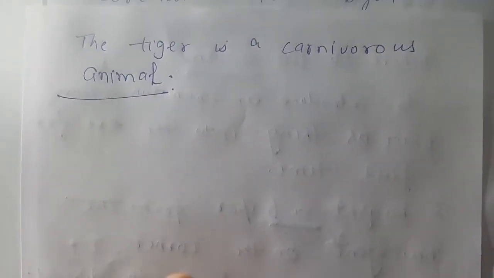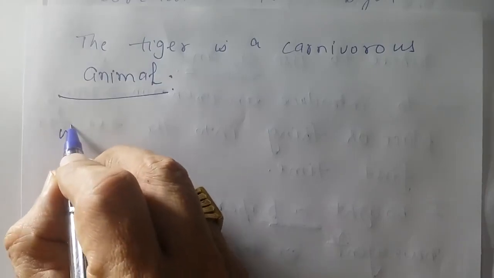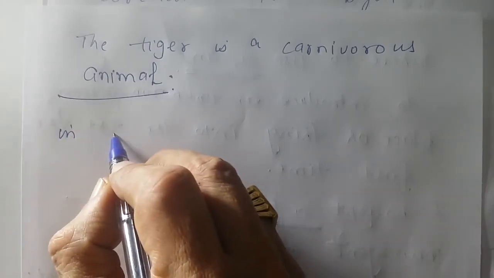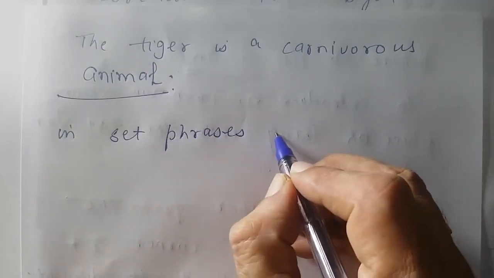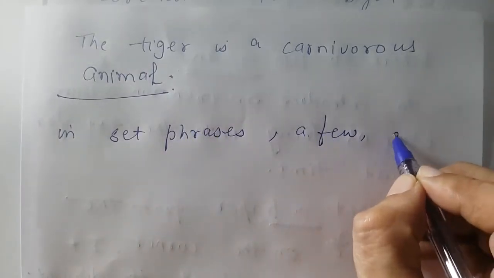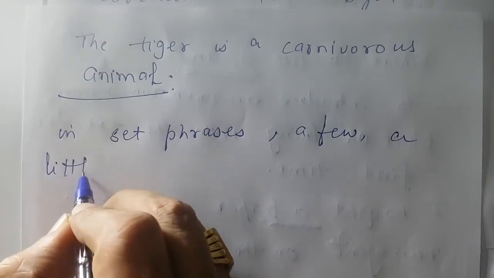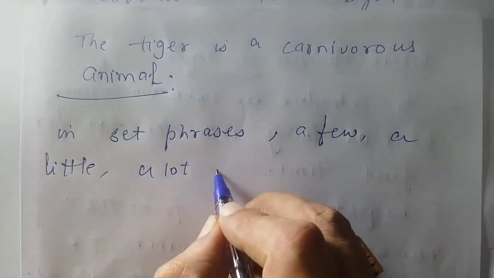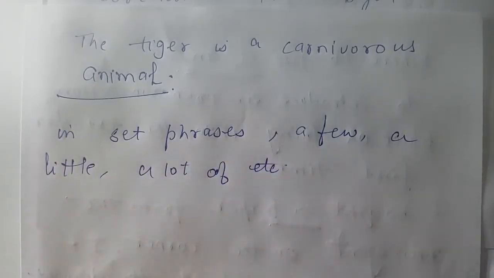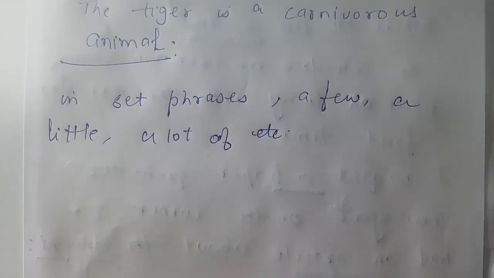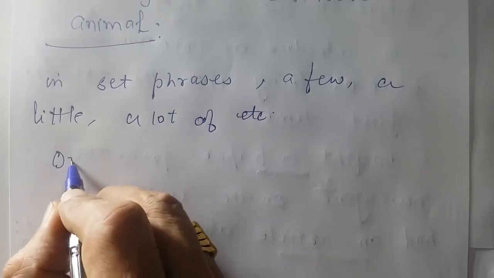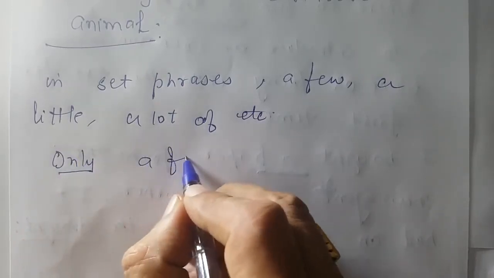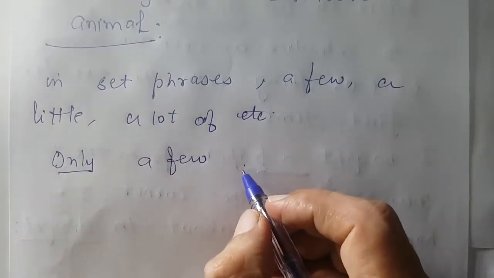I have also given you the example previously in set phrases like few, a little, a lot of, etc. Right? Only a few. But it has a positive sense also. Remember this thing.